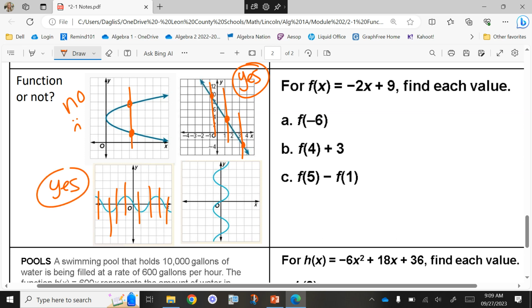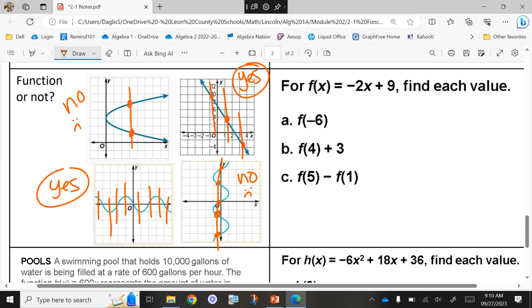Okay, so what if that wave is going up and down? See, now it fails. Because if I draw a vertical line, let's say the y-axis, it's crossing at a lot of different points, right? So this one fails. No. Do you think quadratics are going to be functions?